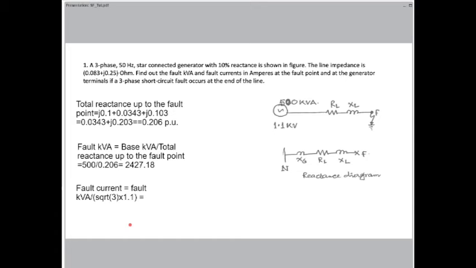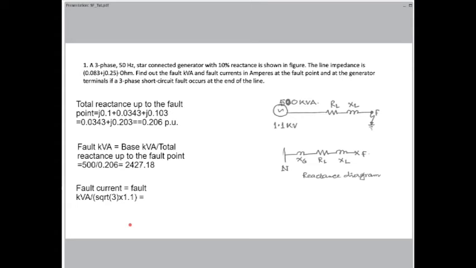And you see that kVA is in kilo, and the voltage is in kilovolts, so the current will come straight away in ampere. Tell me the current in ampere at the fault point.